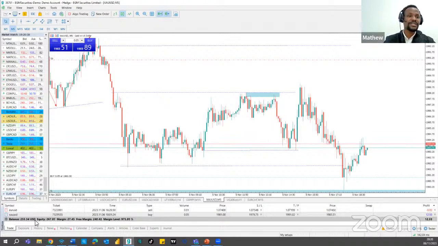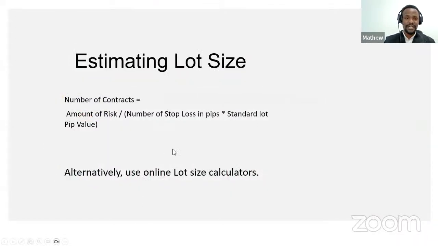So I have an account here, it's $250. You're advised to risk 2% of your account. Let me get something to write with. Yeah. So this $250 account, let's say, for example, I'm generous with the risk.